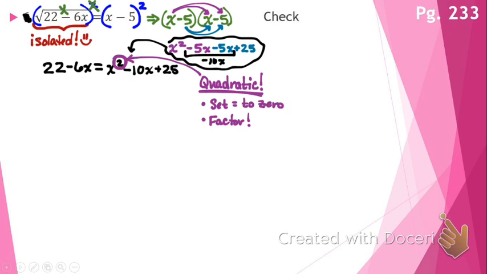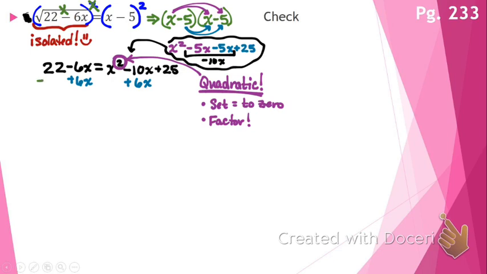Look at the x squared. Is it on the left or the right? Is it positive or negative? Then leave it there. Everybody else needs to come to that side. We're going to add 6x to both sides. Is that enough to give me a 0 on the left?